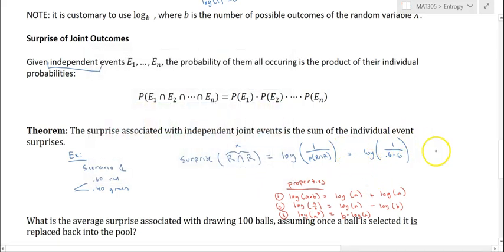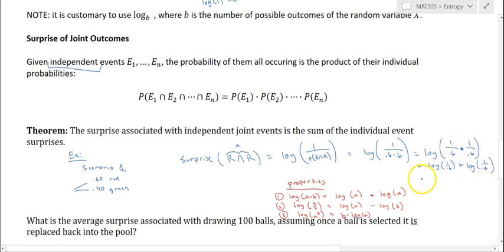What we're going to do is write the expression in parentheses as the log of 1 over 0.6 times 1 over 0.6, because that is still the same thing as 1 over 0.6 times 0.6. And by property number 1, the log of a product is equal to the sum of their individual surprises.